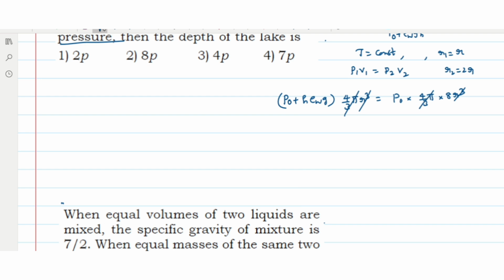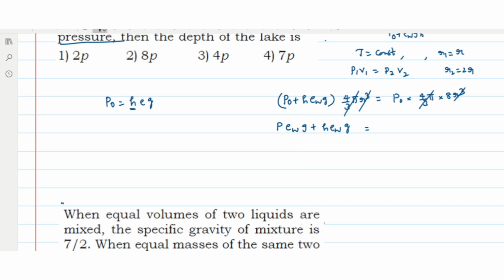The atmospheric pressure is given as P centimeters. The general formula is P0 equal to h into rho into g, so instead of h they have mentioned P centimeters. So P into rho W into g, plus h into density of the water into g, equals P0, the atmospheric pressure.